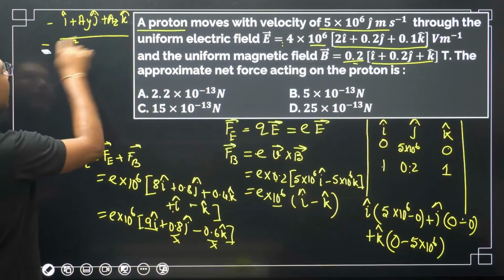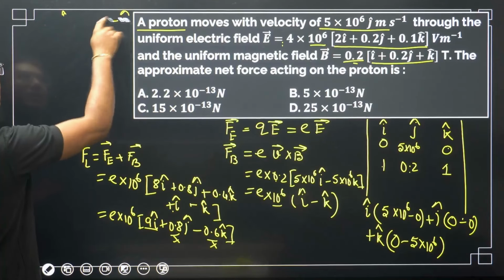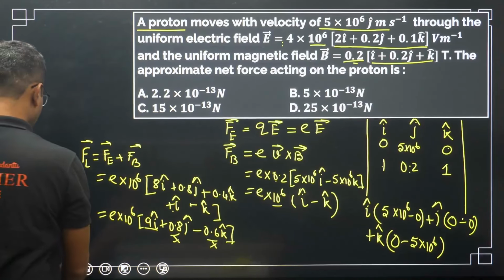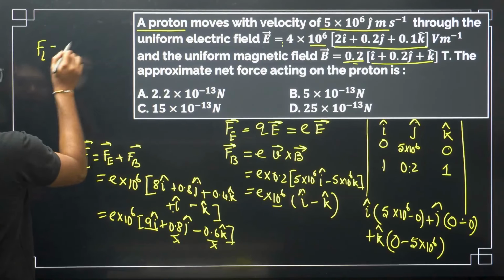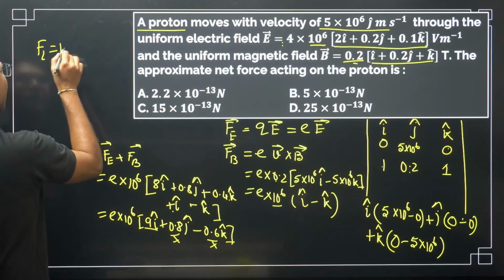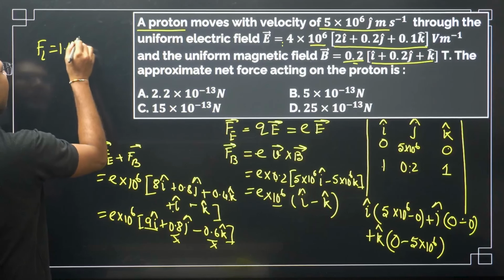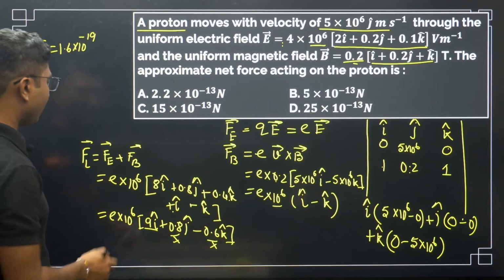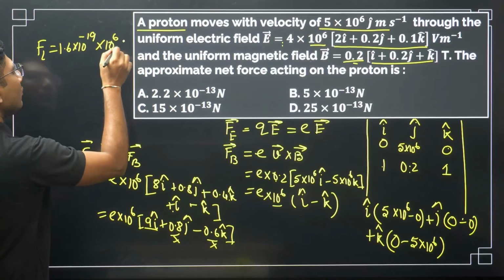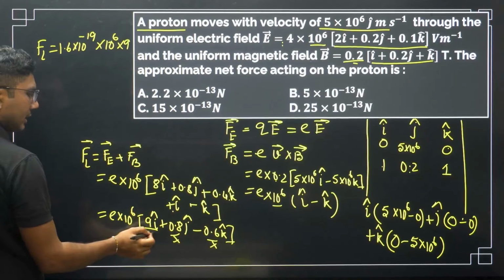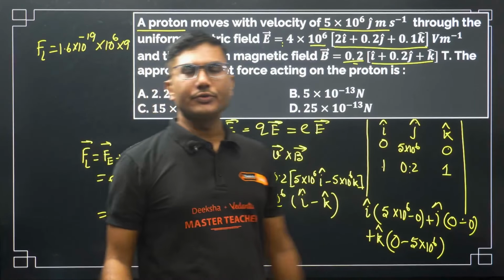We will just put that value in our calculation and find the value of the Lorentz force. So the magnitude of the Lorentz force is given by E, where E is 1.6 into 10 to the power of minus 19, into 10 to the power of 6 into 9. Only this 9 we are taking, the rest of the terms we are ignoring.